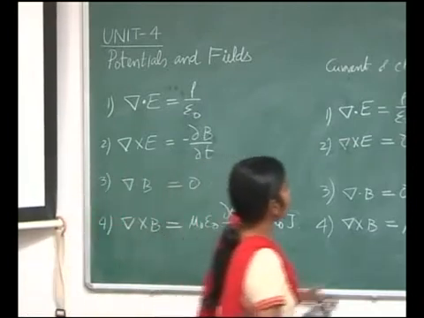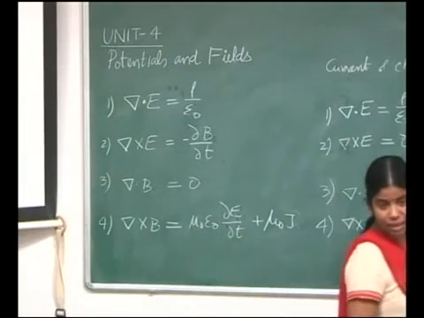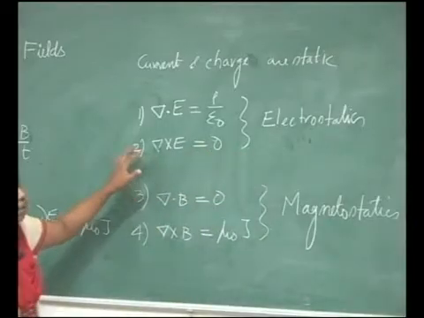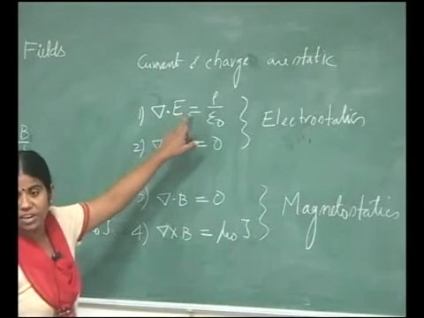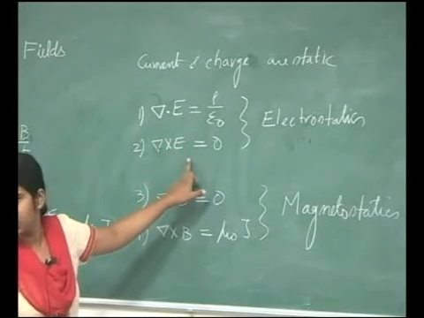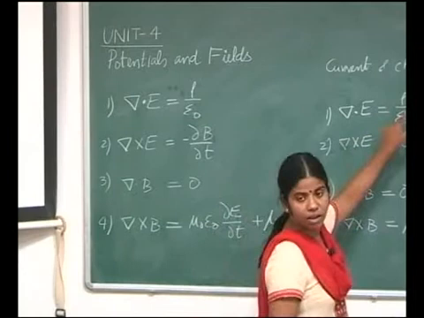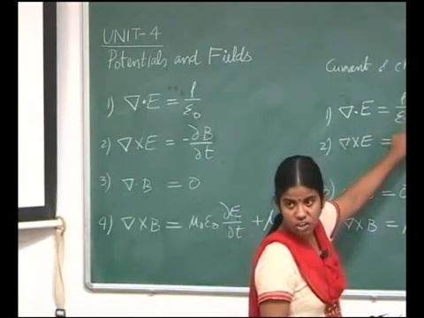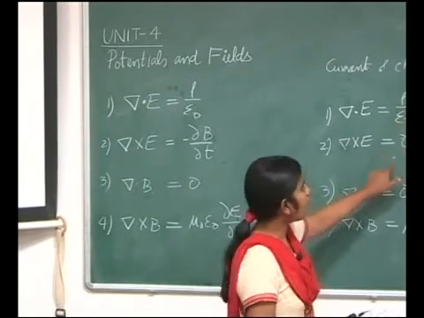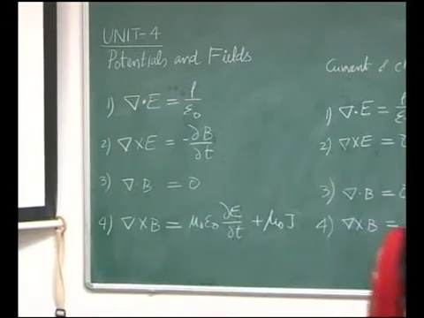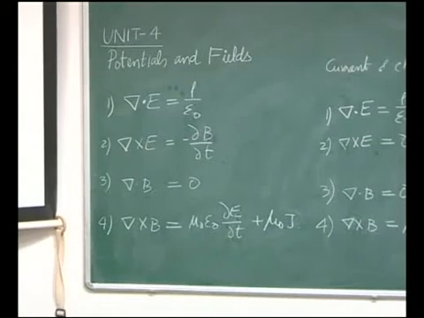In electrostatics, the vector fields will have a given divergence, non-zero divergence, and 0 curl.